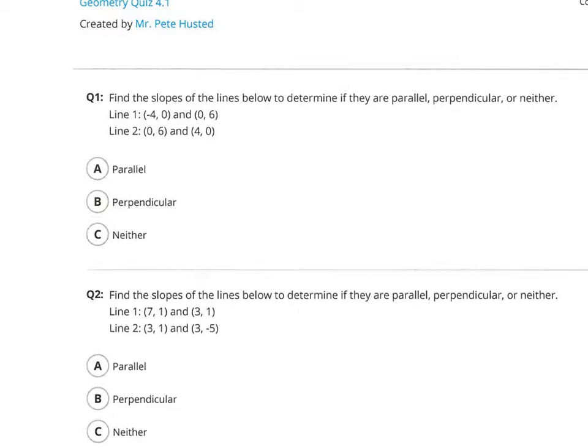One thing I want to remind you is that parallel slopes are going to be the same, like 2/3 and 2/3. If they're perpendicular, it would be like 2/3 and -3/2. So you've got one of each sign, positive and negative, and they're flipped from one another. And if it's neither, then it doesn't apply to either one of these.